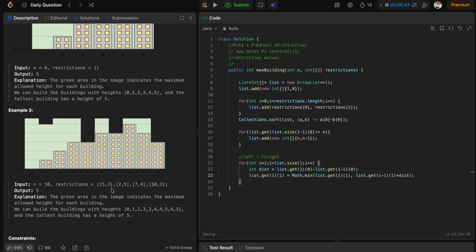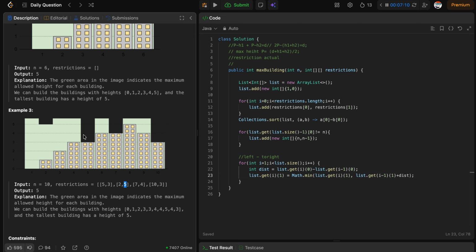Because suppose the previous building has the 5 restriction and it goes beyond, so it can go 5 till, in between there are no restrictions, we can go anywhere, but from 5 to 3, 2 has 5 and 5 3, so in between these two we can go only by that.